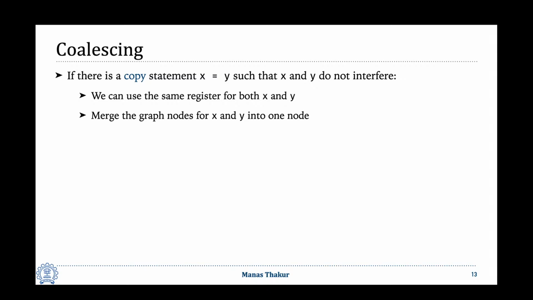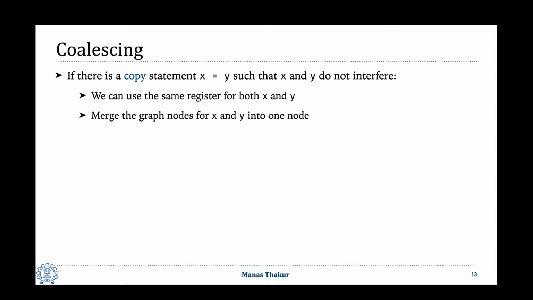And then if I do instruction selection, what would I generate? Move r1 comma r1. This can be deleted very easily by a peephole optimizer. Gone. So finally this will get deleted, and while performing register allocation, let us try to coalesce the nodes of A and B into the same node.